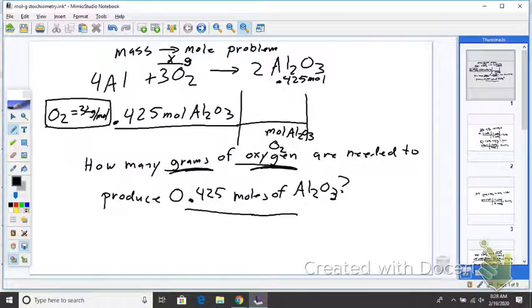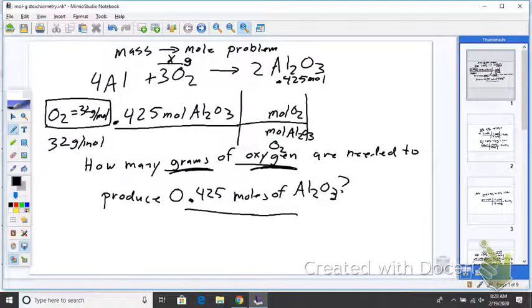What do we need to find in oxygen so that we can find the grams of oxygen? 32 grams per mole. What unit am I going to need before I can find grams? Moles. Moles of what? Oxygen. So I'm going to put moles of oxygen up here. Does that look familiar?